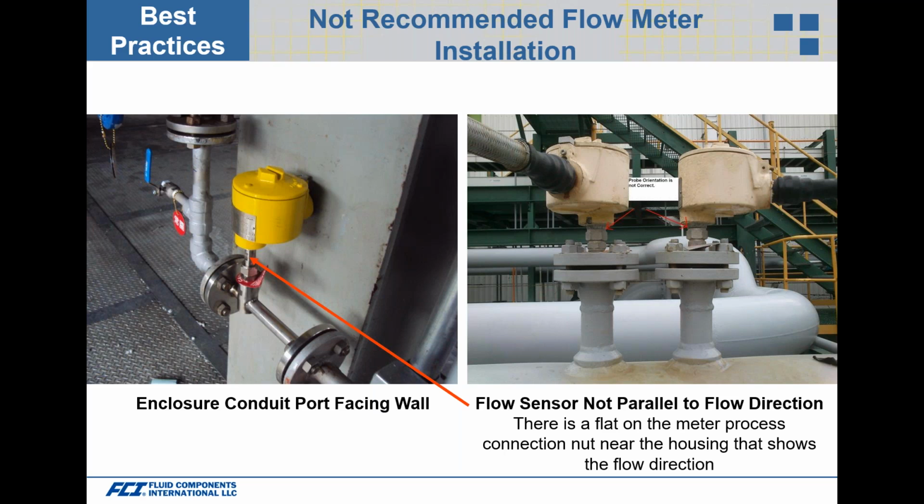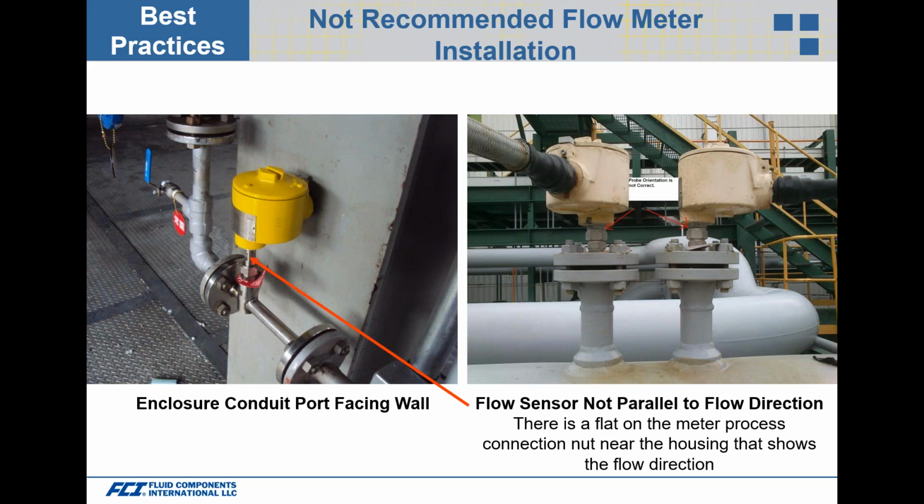Or flow sensor not parallel to the flow direction. Here we've got 2 meters in line to each other, and you can visibly see where the conduit ports are going any direction. There's really no systematic way of showing which direction the flow is going.